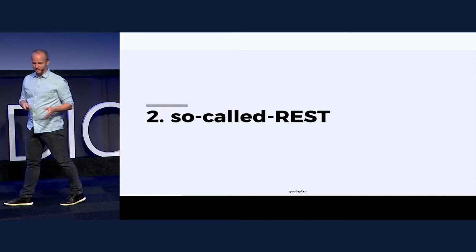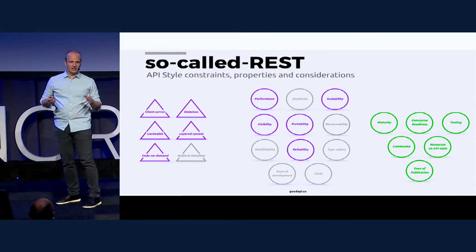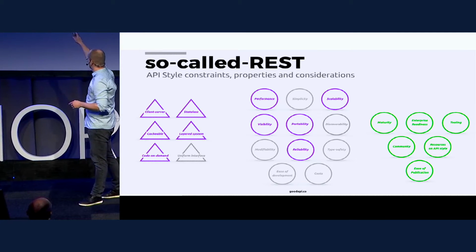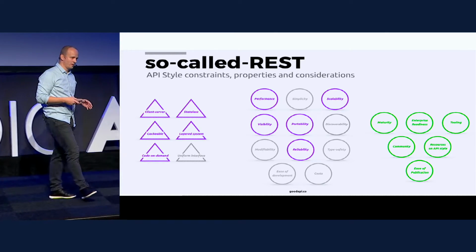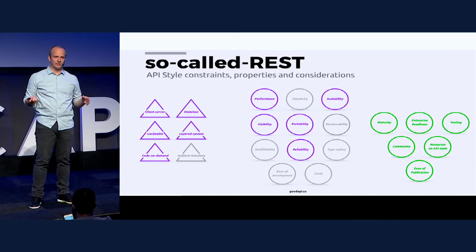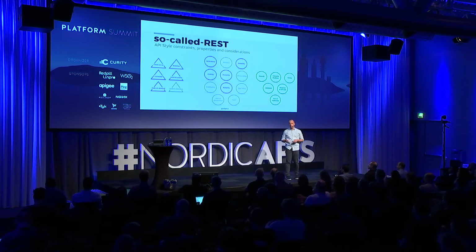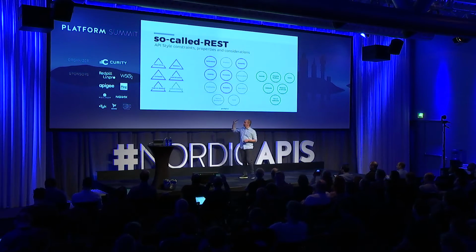Then there is so-called REST, right? That's REST, but not really, because the uniform interface constraint is not fulfilled. That's what most of us are doing when we are building REST APIs. Why? Because we get all the other constraints if we follow the HTTP protocol correctly. The HTTP protocol doesn't cover a uniform interface, and that's why we usually tend to skip it.